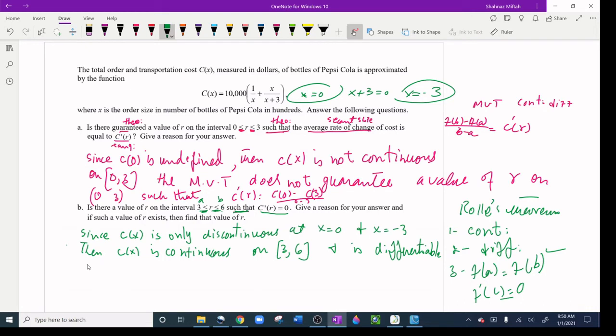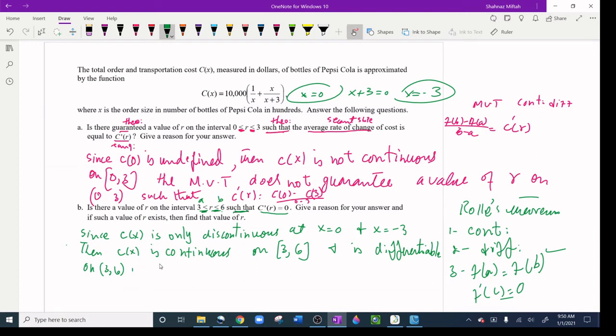Again, for differentiability, you can also try the limit of the derivative from the left and the limit of the derivative from the right, but you have to take a derivative of this and do the limit left and right for 3 and 6, which will give me the same thing. So it is continuous, it is differentiable.